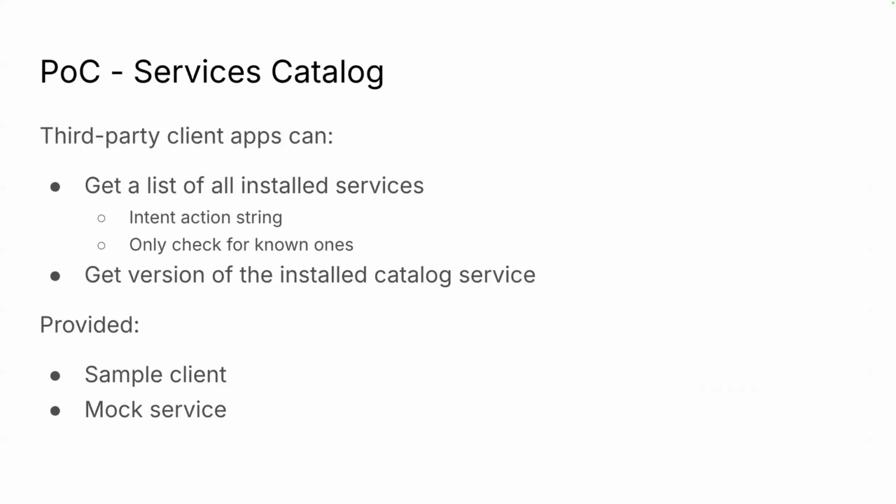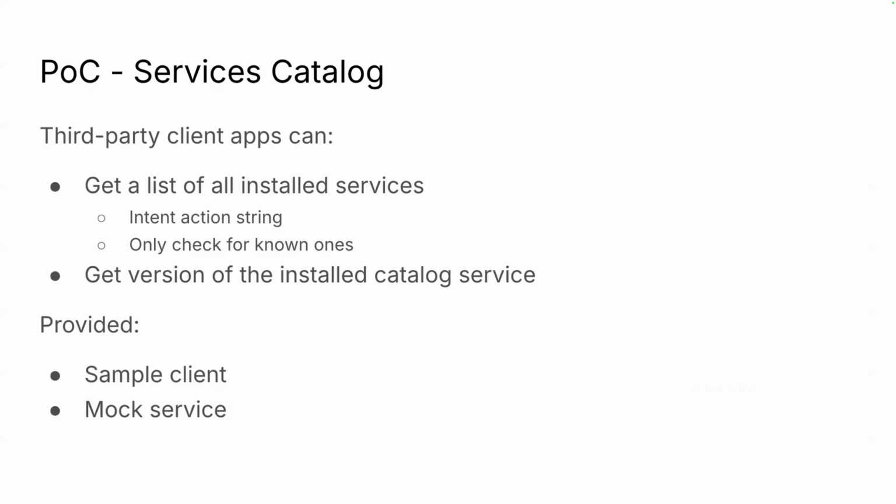Then there is also an extra service, which is basically what I call the services catalog. This one is a very simple service that, at the moment, just returns the light service and its version, but this one is just because it's the current one.